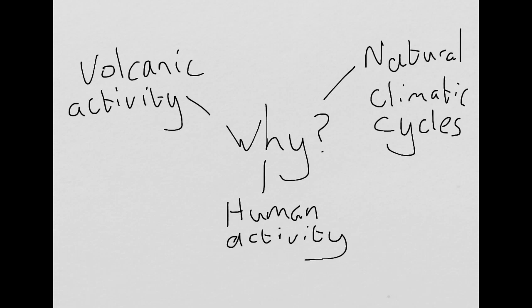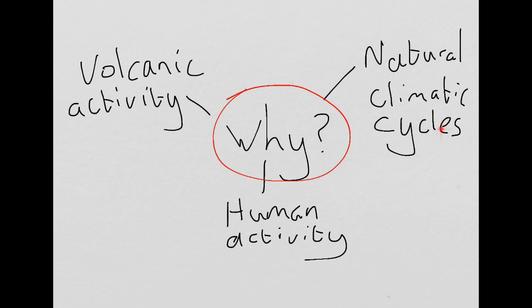So why do we experience global warming? Well, some aspects of global warming are caused by natural climatic cycles. As we look back in time over history, we can see that the Earth is warmer during certain periods and colder during certain periods.